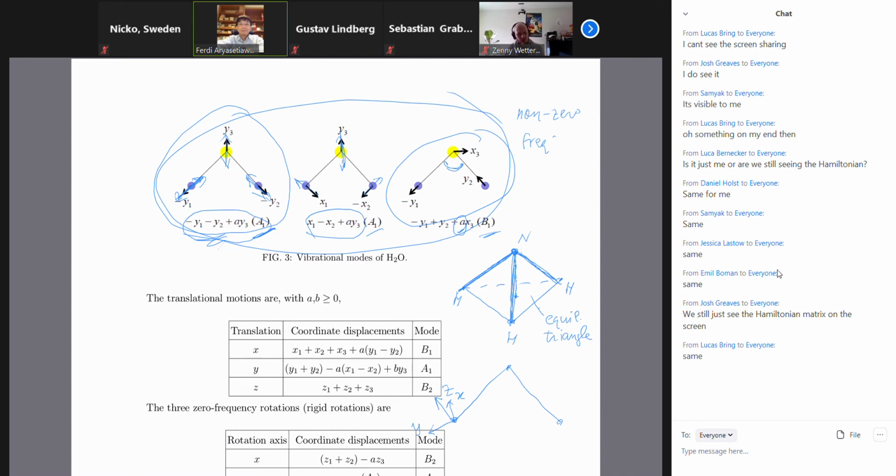So this particular choice for the water molecule is a kind of physical choice because we kind of expect that there will be this kind of vibrations along the lines joining the oxygen and the hydrogen atoms. And similarly here, that's why I suggested to choose the y-axis along the line joining the hydrogen and the nitrogen atoms.